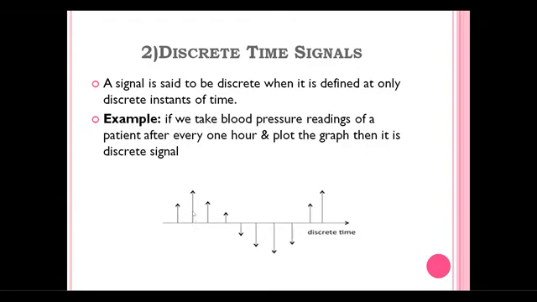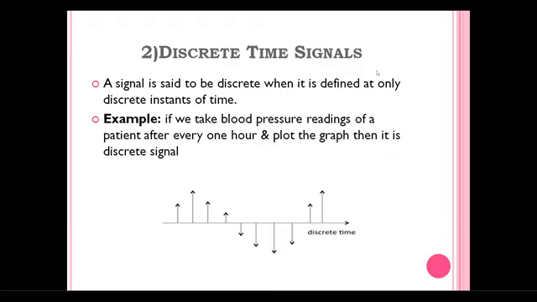Then at time t equal to 1, the signal has some amplitude. But in between t equal to 0 and t equal to 1, the signal has no amplitude. The signal is defined only for discrete instants of time, and that is what we call a discrete time signal.